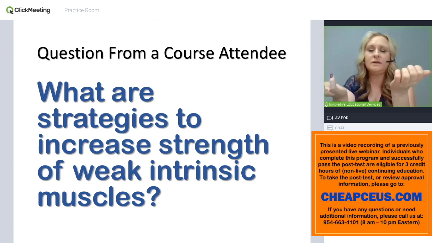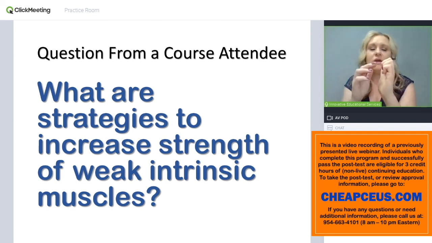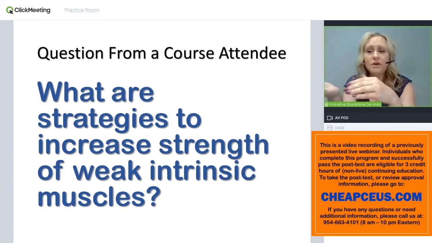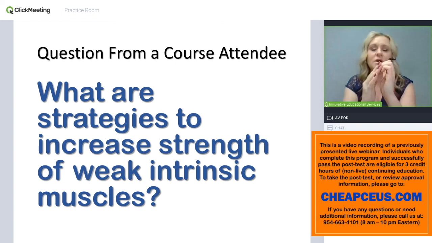If we want to add a little bit of resistance to that, we can add some resistance to that middle phalanx as they're pushing out. That could either be them performing it or the clinician providing it. You can increase the resistance by moving more distal, changing that lever arm to the distal phalanx, and have them push out.